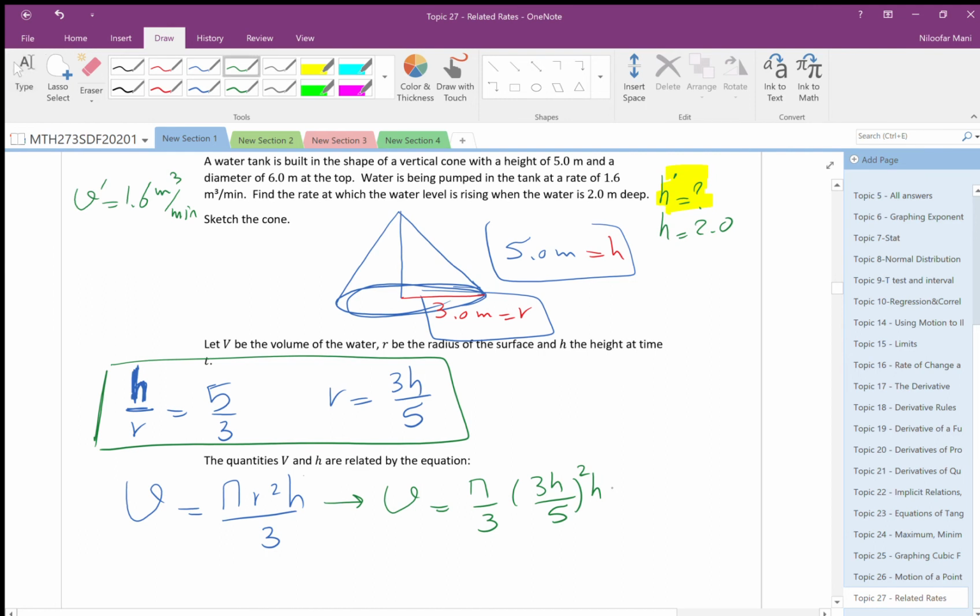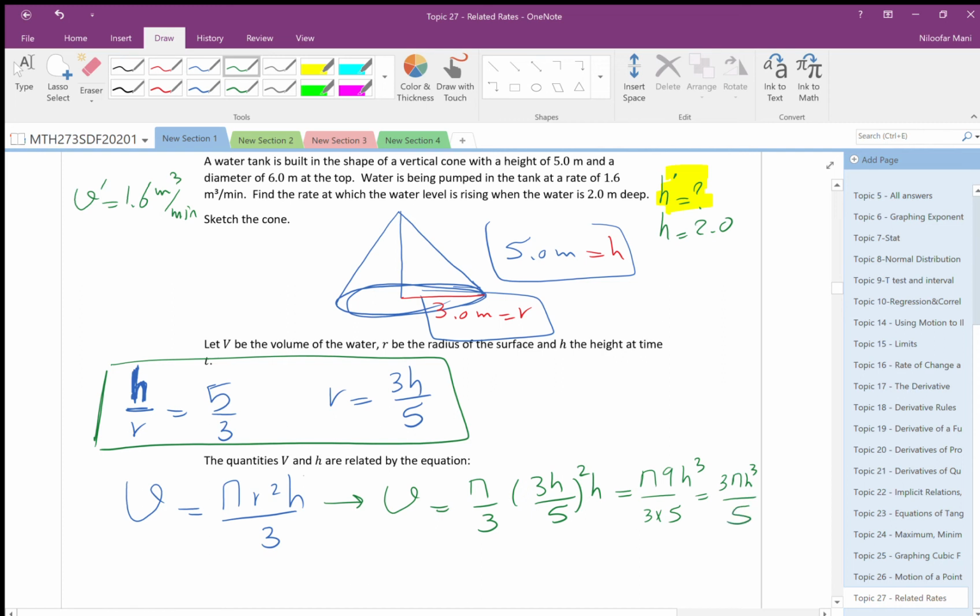Now I simplify. So it is pi over 3 times 9 h cubed over 25, which is 3 pi h cubed over 25, because I can cancel, divided by 5.